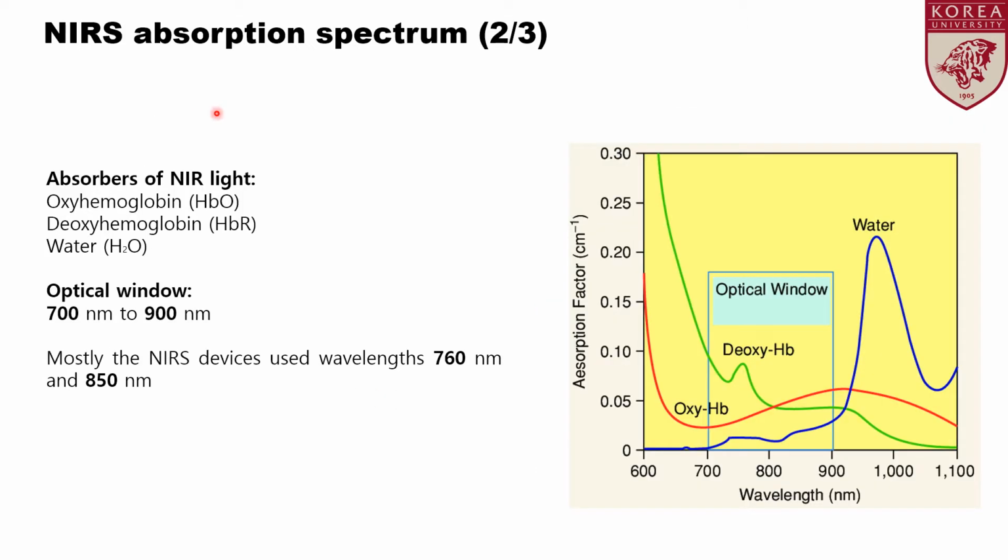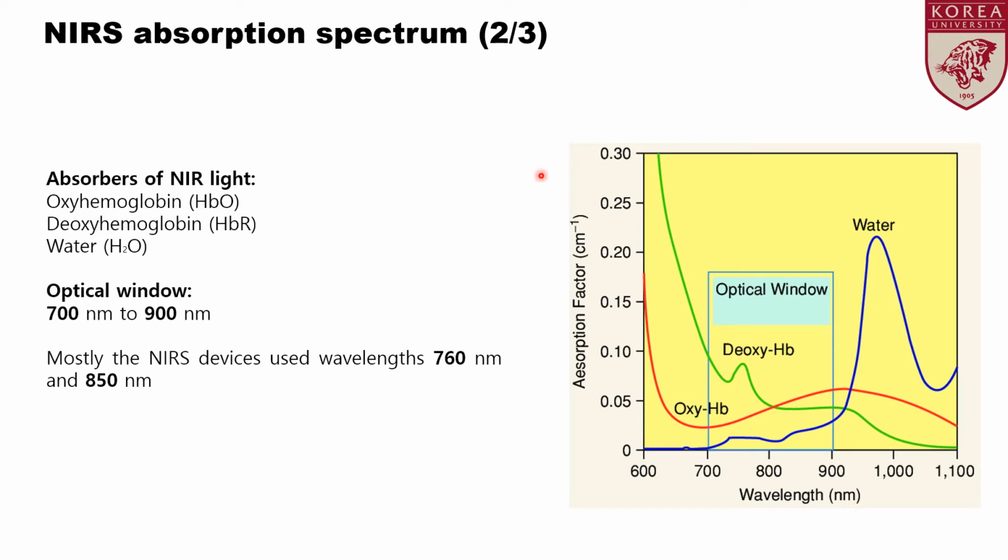As I mentioned, the concentration changes of oxygenated and deoxygenated hemoglobin are calculated by NIRS devices, and this is possible because these chromophores absorb light in NIRS spectrum.